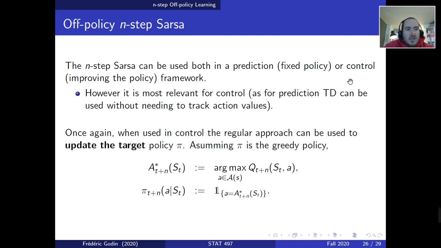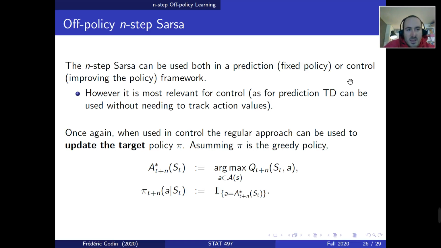But now that you are able to estimate the value function of a fixed policy pi, you can periodically do policy improvement steps. So this now becomes a control problem instead of a prediction problem. Based on the estimation procedure for the Q function presented earlier, if you do regular policy improvement, this becomes simply the control version of the n-step SARSA algorithm.